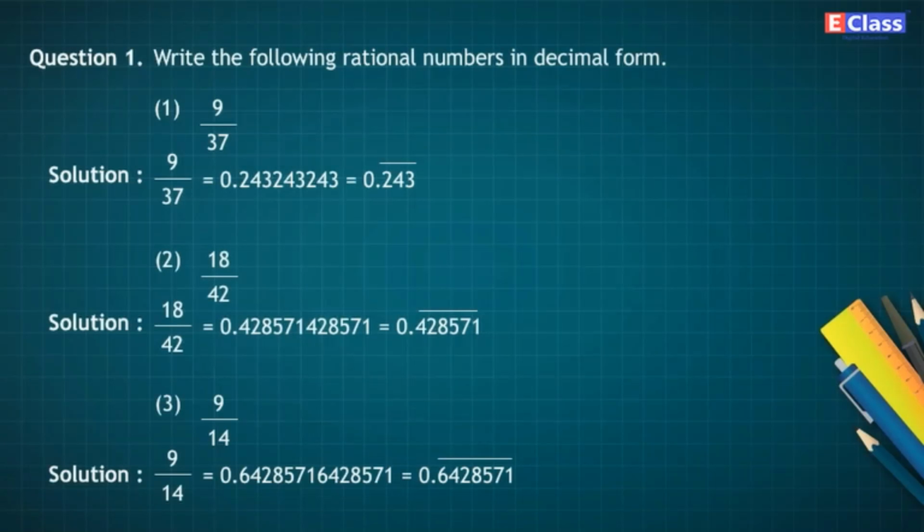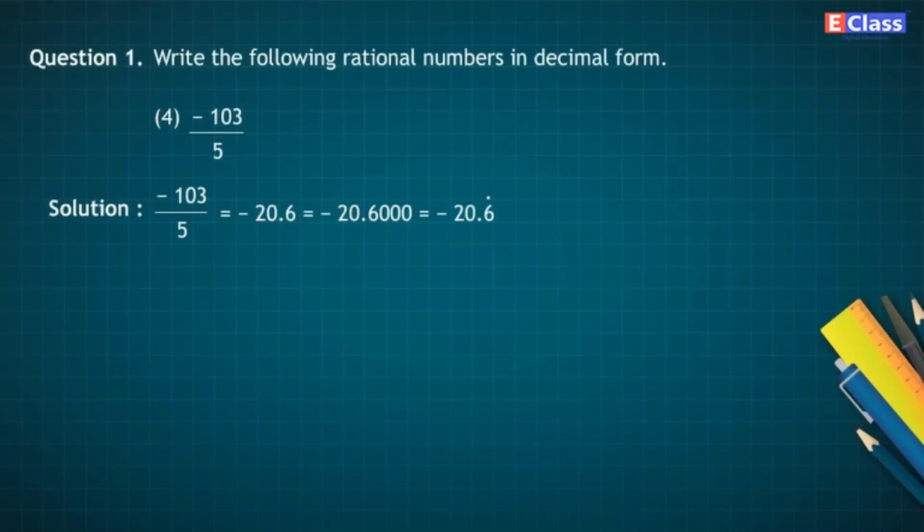Solution. 9 by 14 is equal to 0.6428571 6428571, which is equal to 0. minus 1. 6000 equal to minus 20.6, which is equal to minus 20.6000, which is equal to minus 20.6 dot. 5.